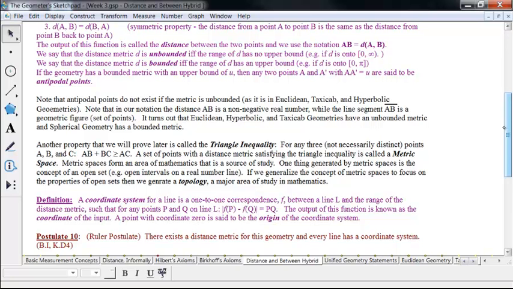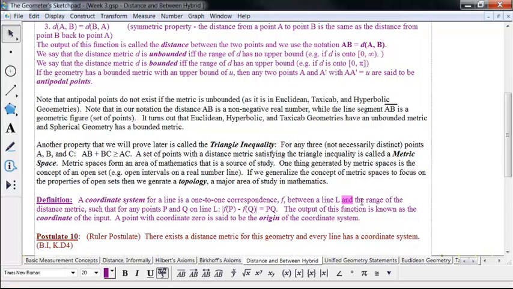So in the case of the Euclidean, let me take that back. We want to change that a little bit. In the case of the real numbers, we want it on the entire real line, between a line and the set.